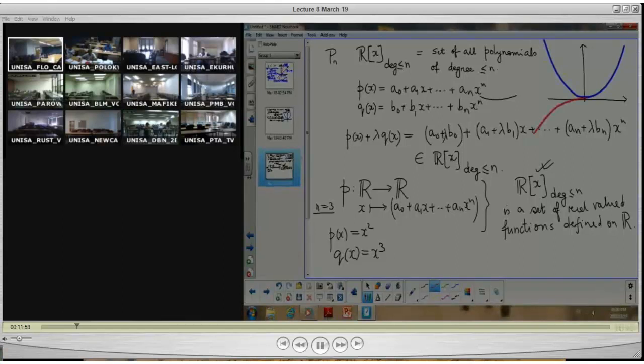The graph of x cubed looks something like this.